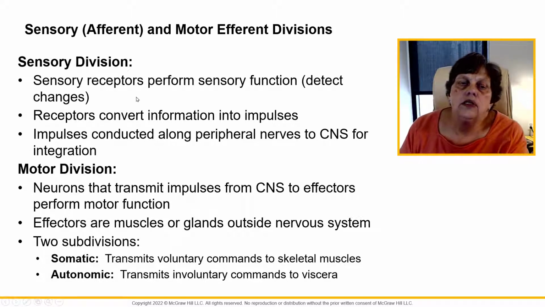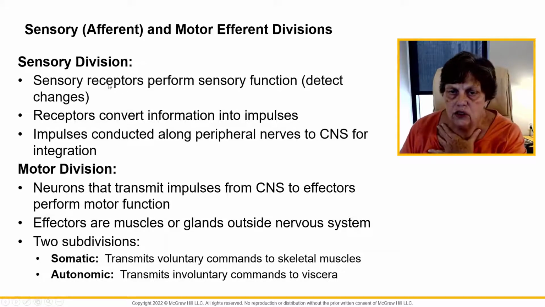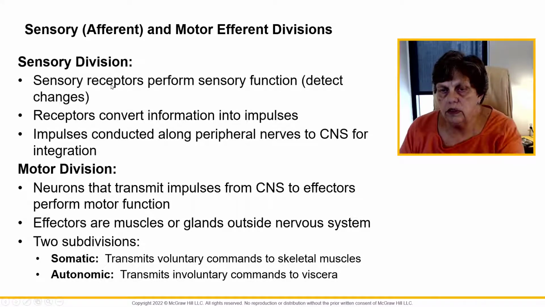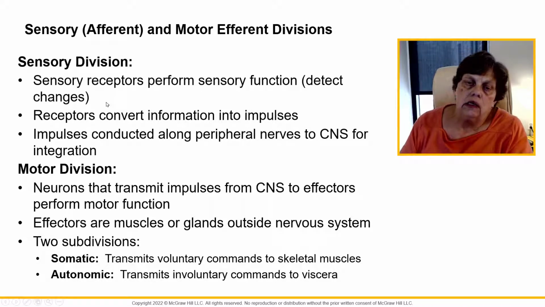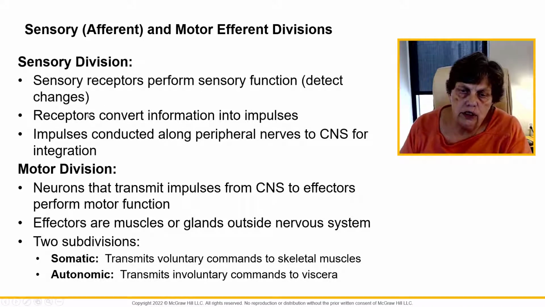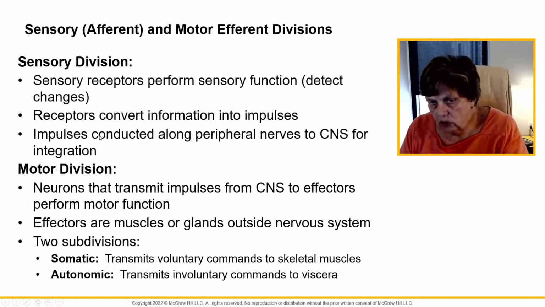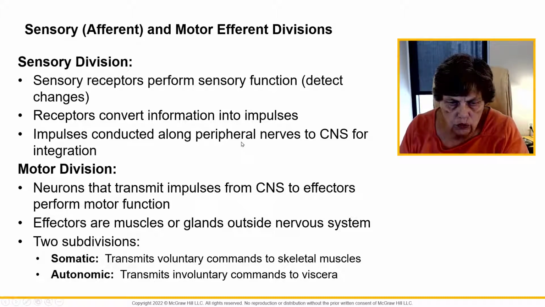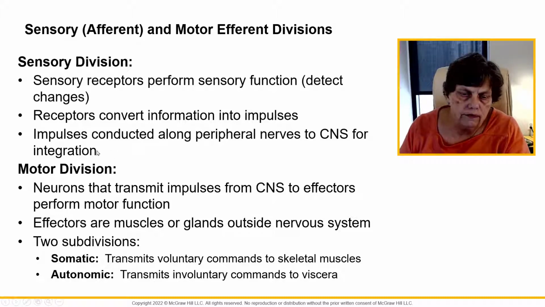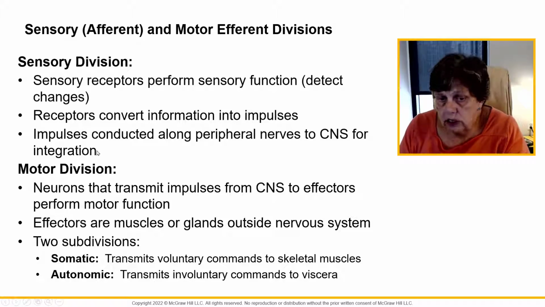All right. So the sensory division, basically, this is the sensory receptors that are going to sense something, detect changes, and that information is going to be converted into impulses, and they're going to be conducted along those peripheral nerves to the central nervous system for integration and decision.